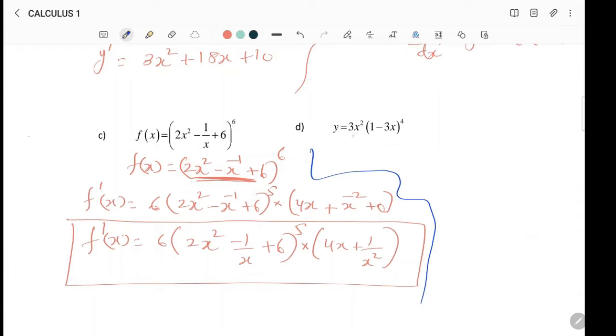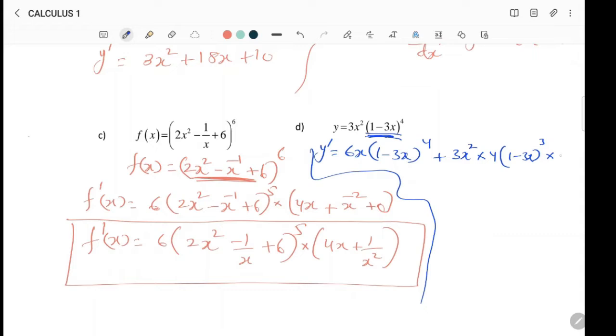Again, we have two functions, 3x squared and (1 minus 3x) to the power 4. So we have to apply product rule. So y dash equals 3x squared differentiation is 6x, and this is (1 minus 3x) to the power 4. Now plus 3x squared as it is, then times, we have to differentiate this part. So 4, (1 minus 3x) to the power 3. And then we have to apply chain rule as well.